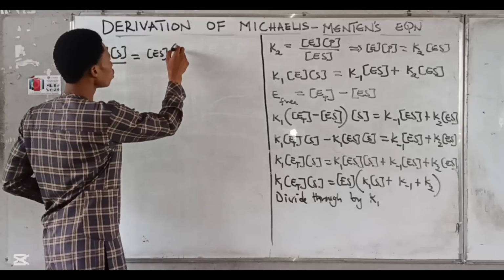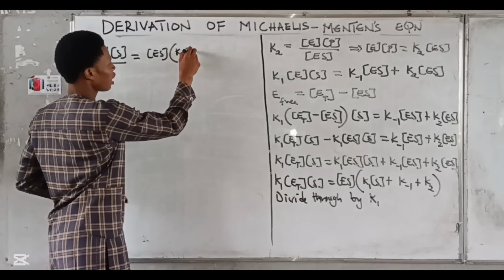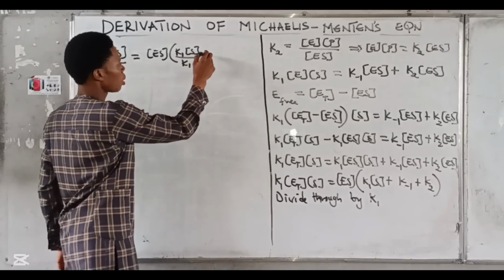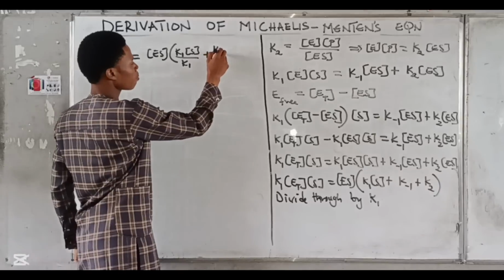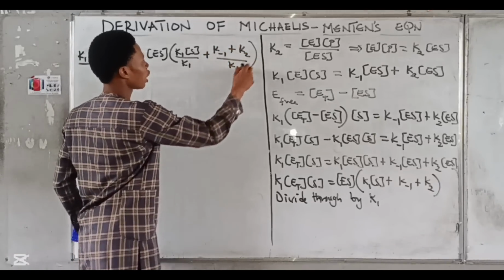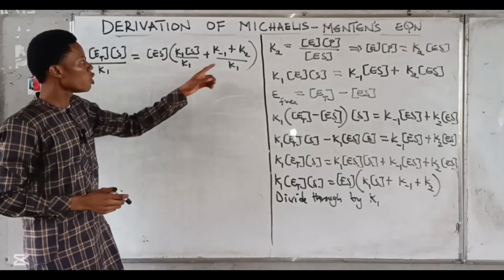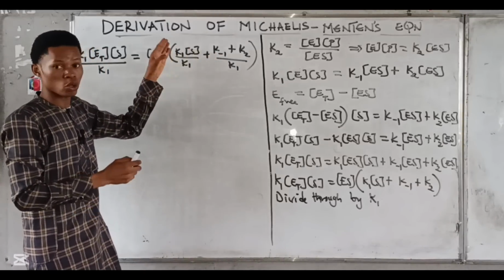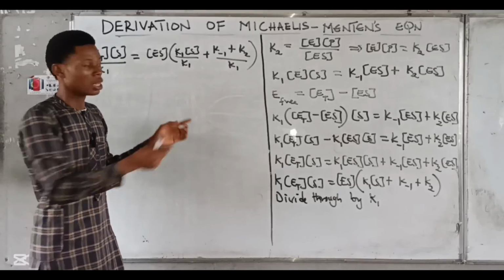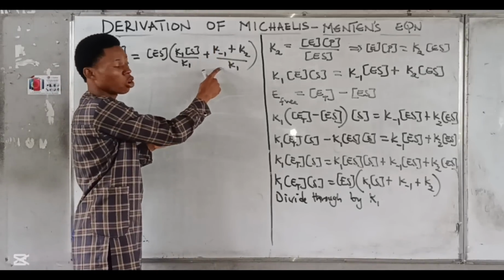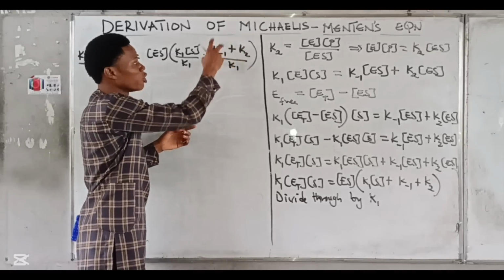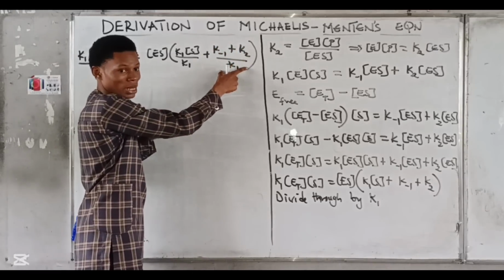This one, I can do K1 S all over K1, plus K minus 1 plus K2 all over K1. Now look at this. If I decide to do one of them all over K1, it's still the same thing. Like I can break this down to K minus 1 all over K1 plus K2 all over K1. But we have a reason why we are doing it like this, and you will see it now.